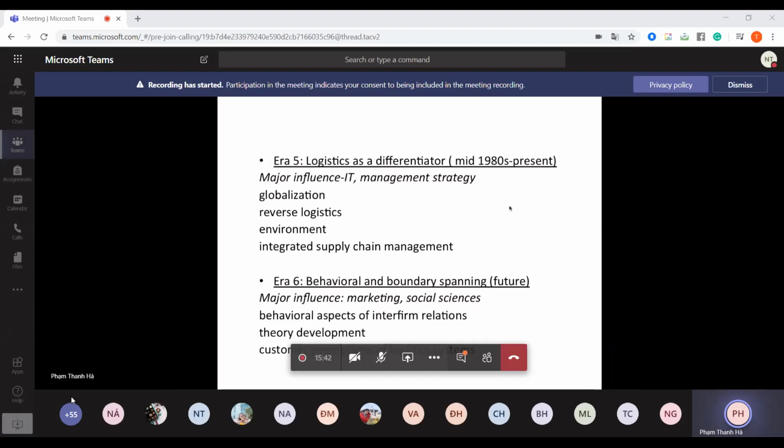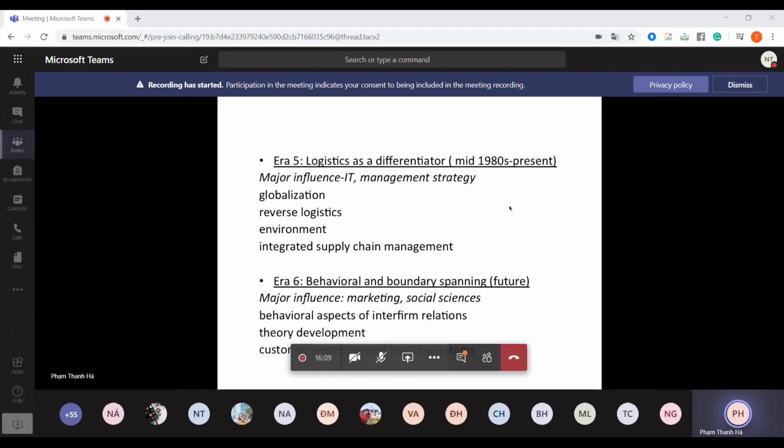And the sixth one is the behavioral and boundary spanning. It means a little bit in the future, more of the near future and far future. So the major influences are marketing, social science, behavioral aspects of interfirm relation theory development, and customer perception of logistics systems.